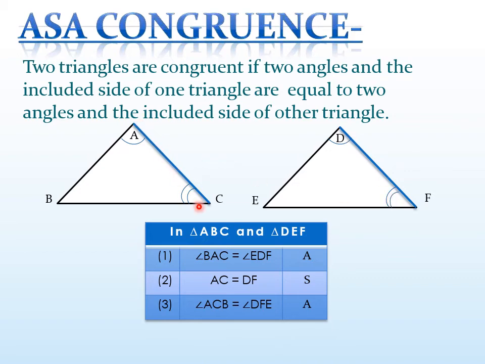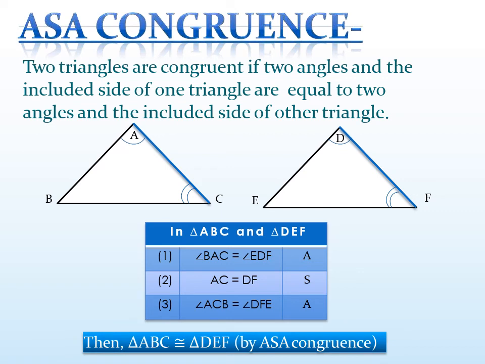Okay, but in this case it is between the two angles, and it should be between the two angles, but maybe if DE is equal to AC, then it will not follow. Therefore, in that case we will not take the ASA rule. So it is very important to keep in mind. But for these conditions, we can see that triangle ABC and DEF are following the ASA rule. Therefore, we can say that triangle ABC is congruent to triangle DEF by ASA.